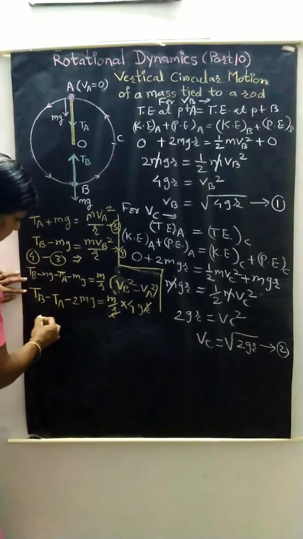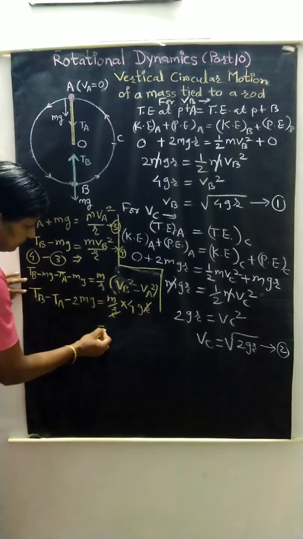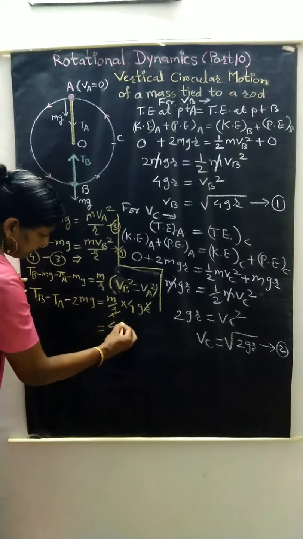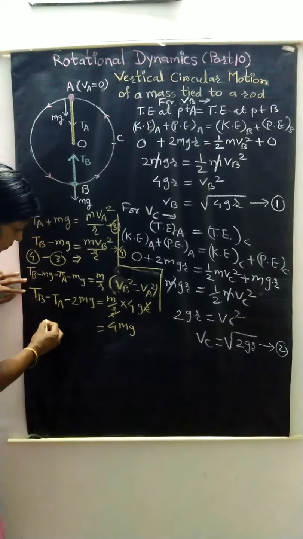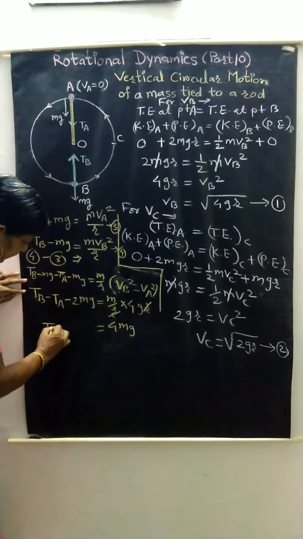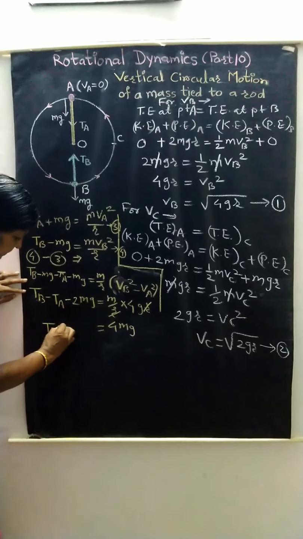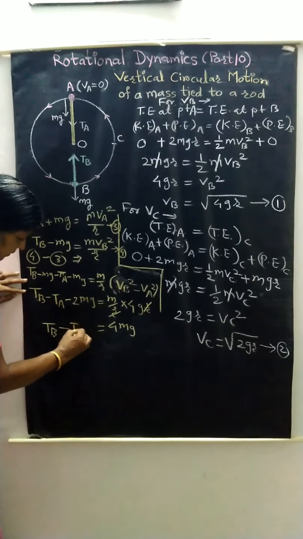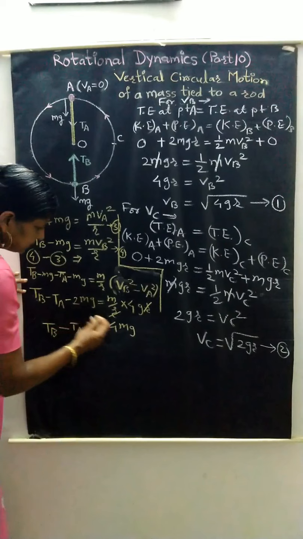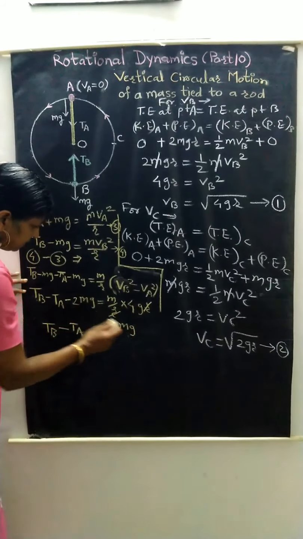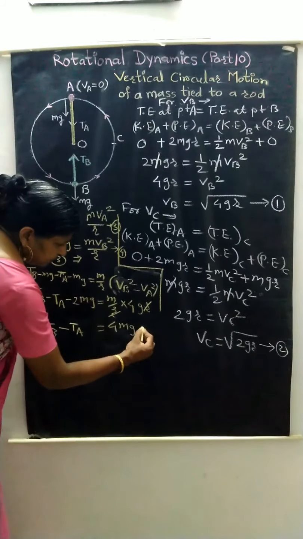So Ta, this will be 4mg. Now we are interested in the difference in the tension, that is Tb minus Ta. This will be this 4mg plus this 2mg.